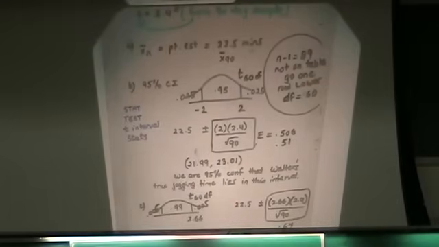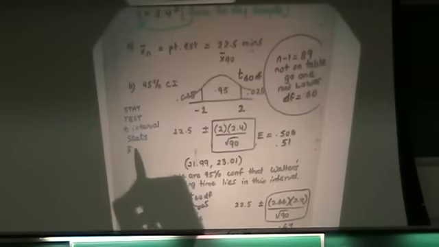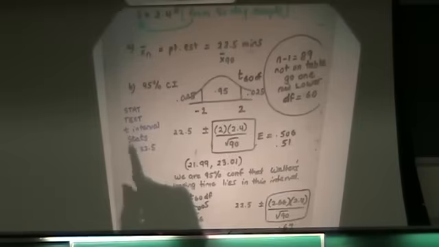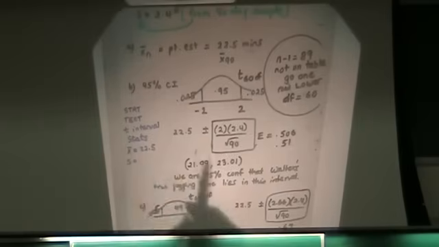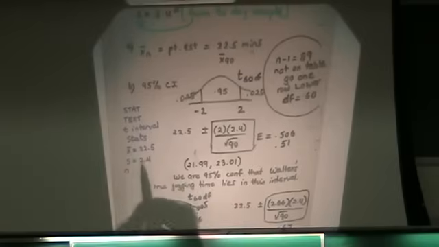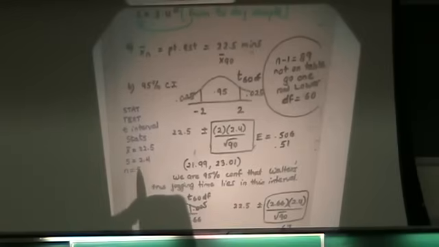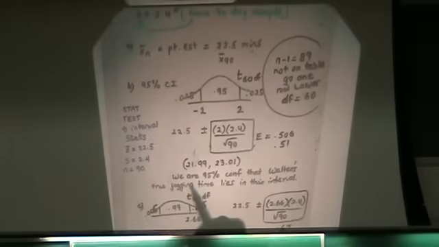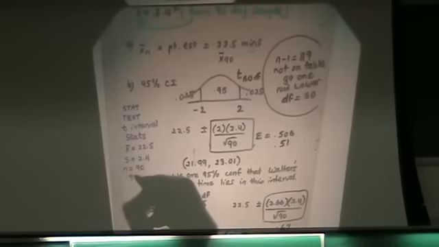That's not the case here. X bar equals 22.5. S equals 2.4. N equals 90. And the confidence level is 0.95.